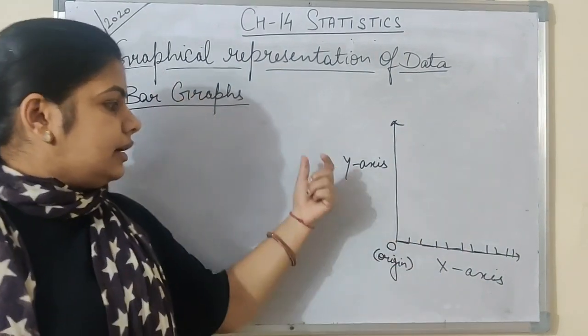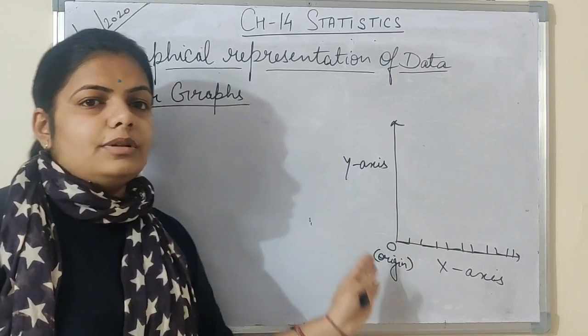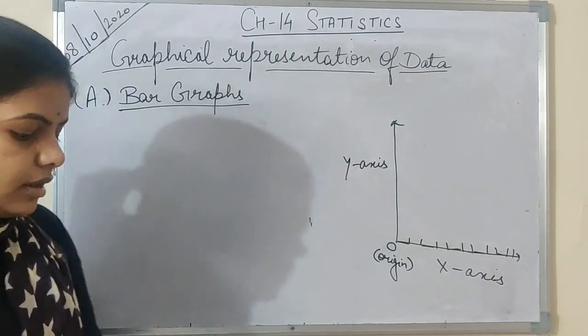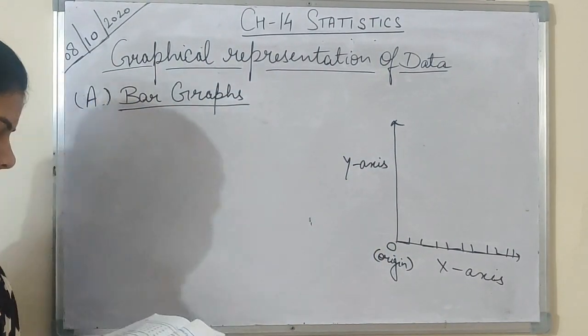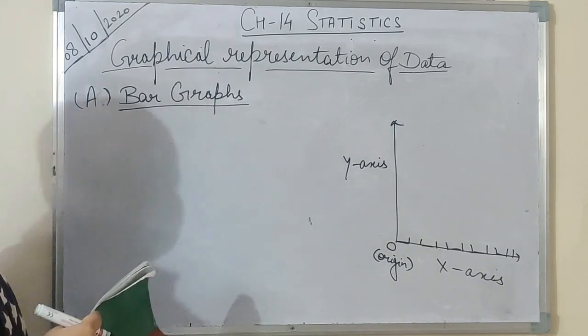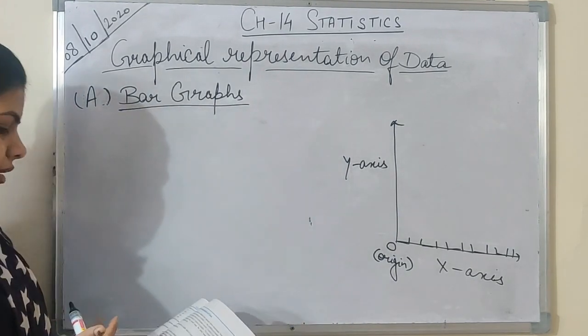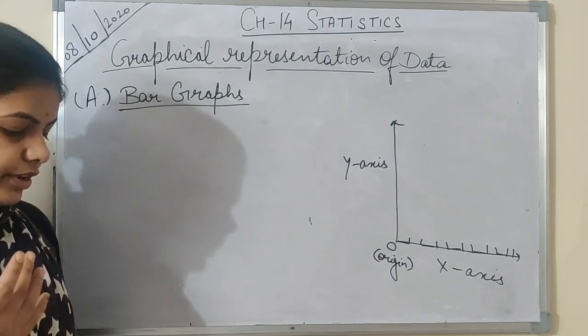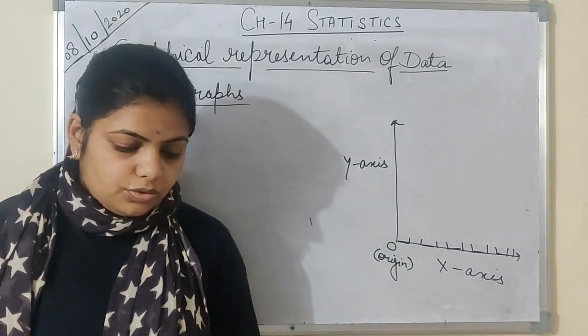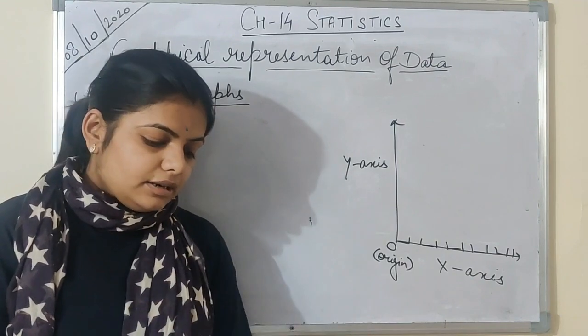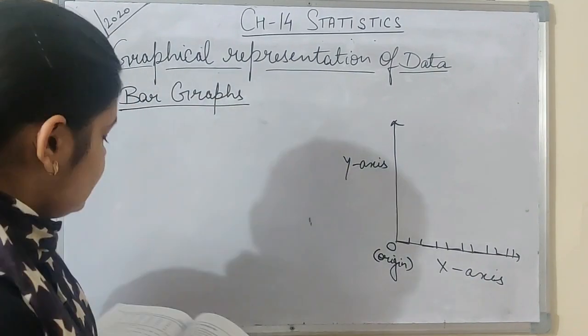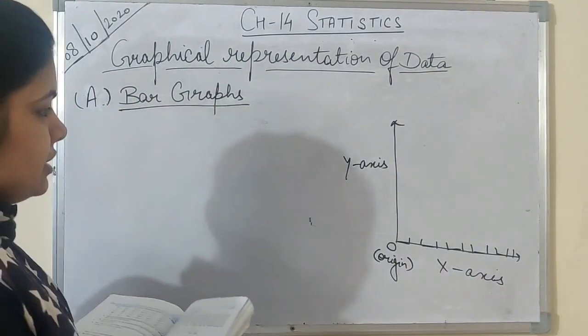And whatever information in digits is given, that you will be writing on the y-axis. Now, in example number 5, just one example is given for you. In this example, one bar graph has been shown directly. No need to make it from the given data, as it is given. The bar graph, you can see it from the book.